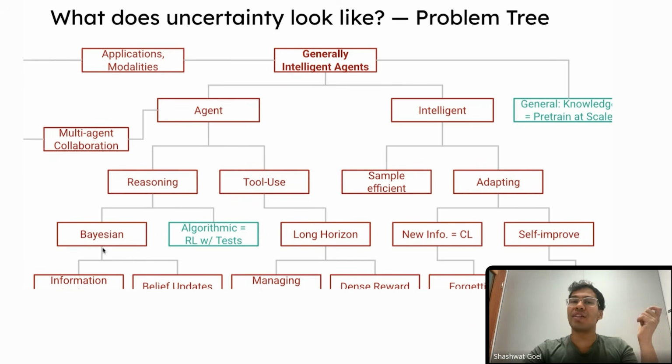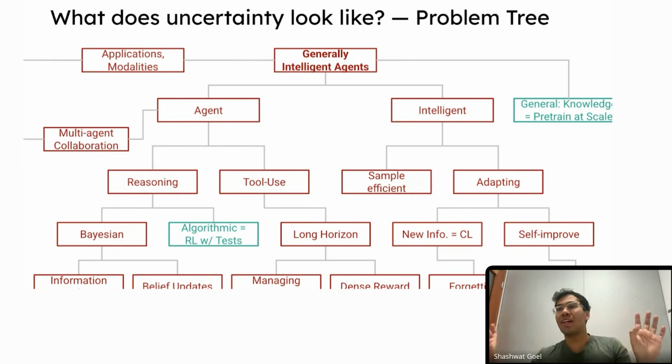That's what I call Bayesian reasoning: knowing what information you don't have and seeking it, and then, once you get some information, optimally updating your beliefs based on it. Maybe humans are also not great at this, but we're clearly better than language models, because many people have shown that if you give language models under-specified, uncertain queries, they don't work very well.